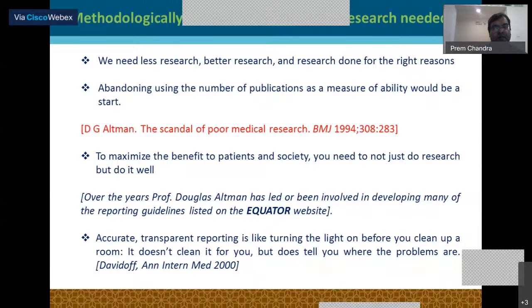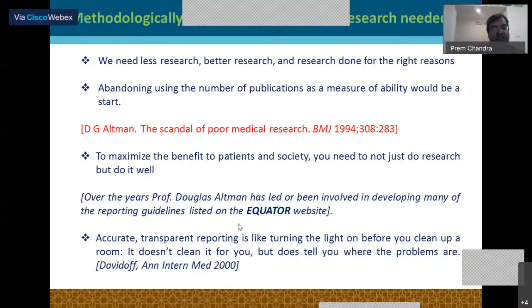What he meant is we need to focus on the quality of publications, not the number of publications. To maximize the benefit to patients and society, you need to not just do research, but do it well. This is the most important message he conveyed to all researchers working in the field of biomedical research.